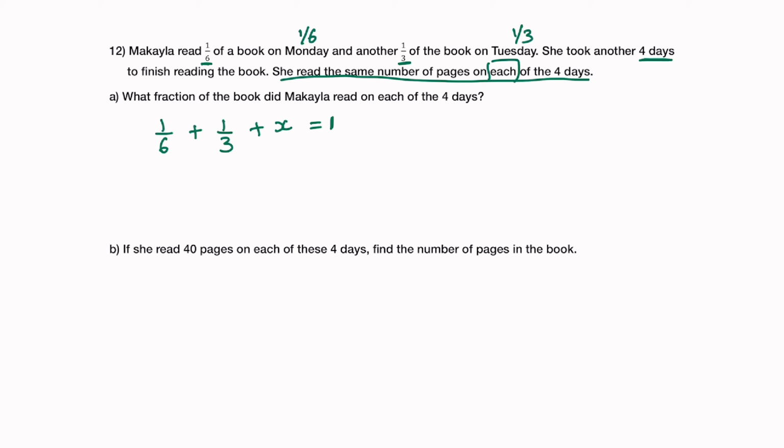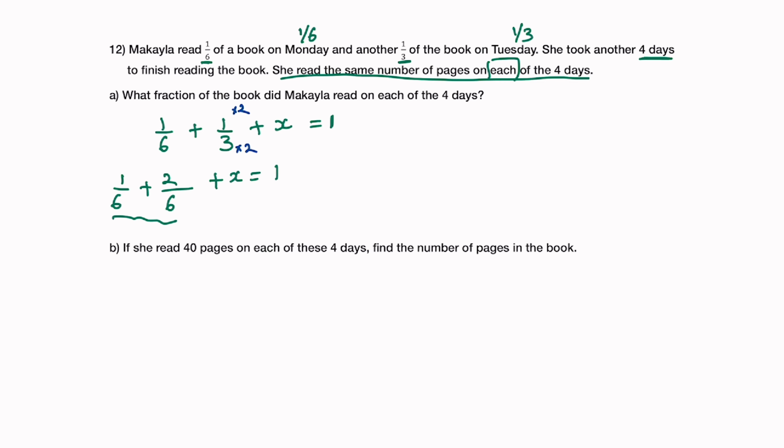So this is how you solve this. Now, in this case, the denominators are not the same, right? So this has to be multiplied. We make this times 2 and times 2, then it will be 6. So we say 1/6 plus, now this has 1 times 2 is 2, 3 times 2 is 6, plus x equals 1. Now the denominators are the same. So we can say 1 plus 2 is 3. So 3/6 plus x equals 1.